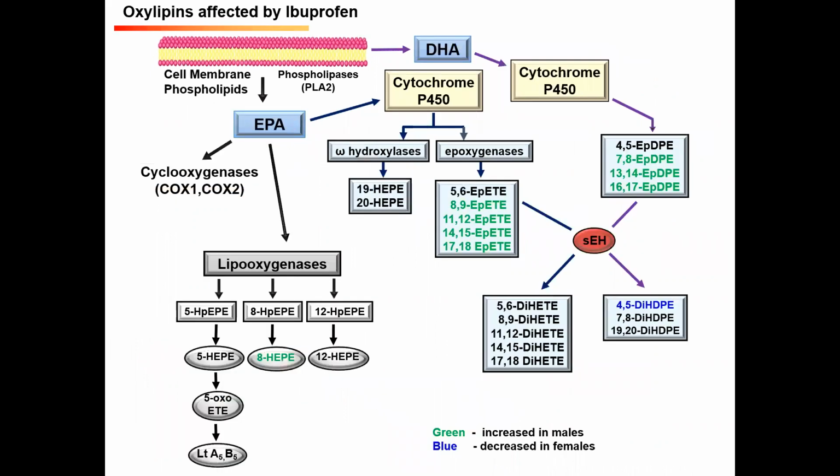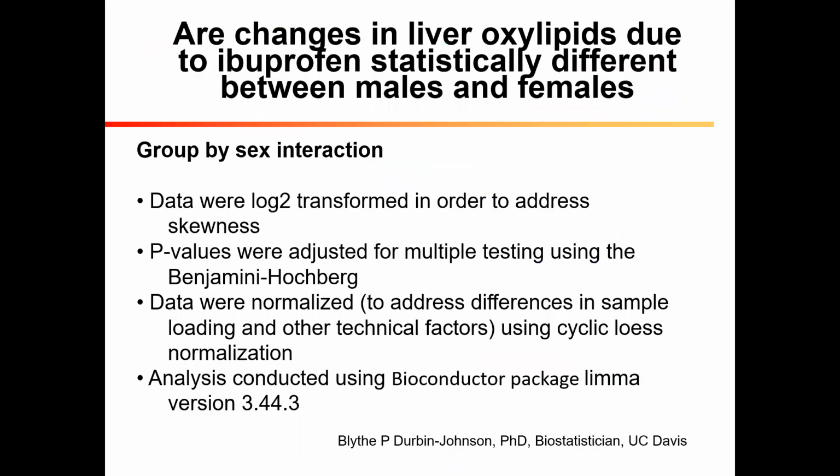This is another set, substrates of soluble epoxide hydroxylase that are only increased in males. There is one change that we see in females that's not in males. You can see in blue there, the 4,5 di-HDPE, which is a product of SEH, is decreased in females, but not affected in males.